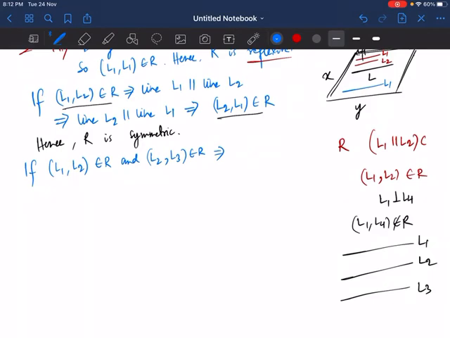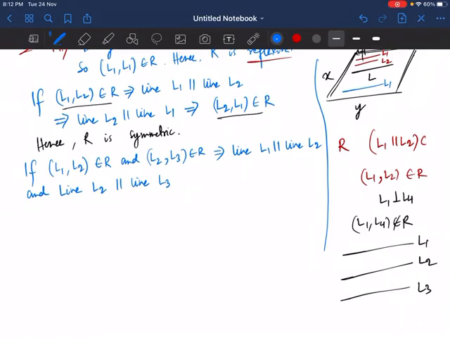They imply that line L1 is parallel to line L2 and line L2 is parallel to line L3. So both of them imply what?